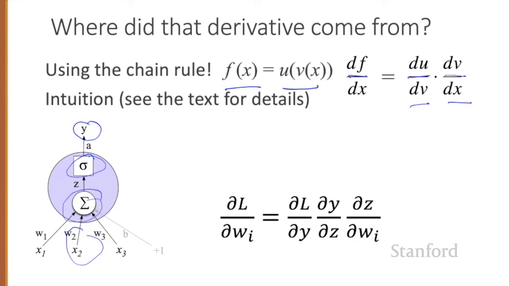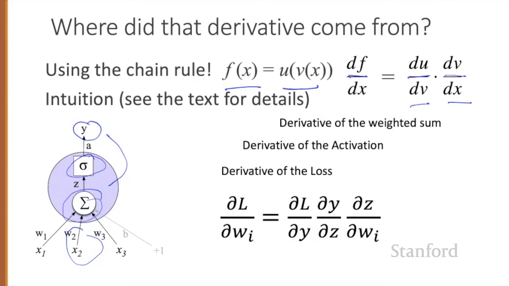The derivative of L with respect to W sub i is the product of the derivative of L with respect to Y, the derivative of the loss, times the derivative of Y with respect to Z, the derivative of the activation, times the derivative of Z with respect to W sub i, the derivative of that weighted sum.